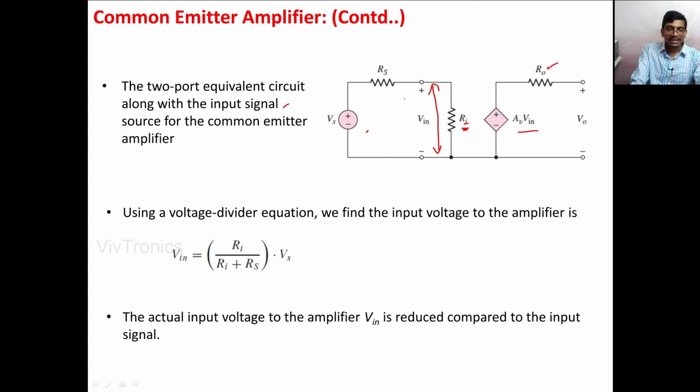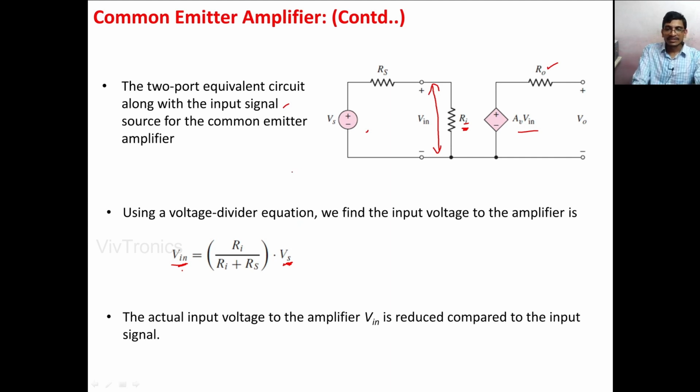So the actual input voltage for the amplifier is VIN and the applied input voltage is Vs. From this equation we can say the actual input voltage VIN was reduced, which means that the input voltage is getting decreased.